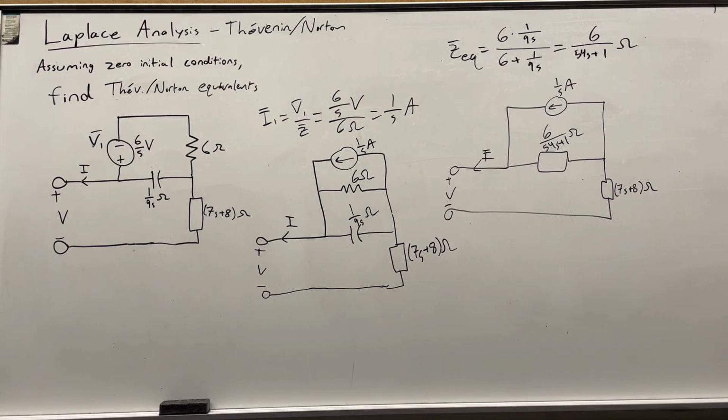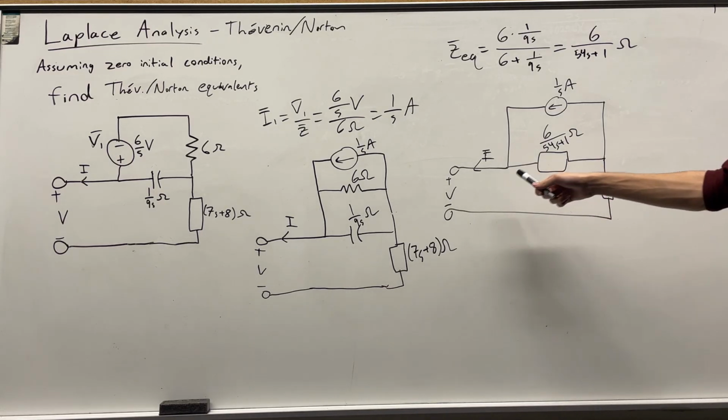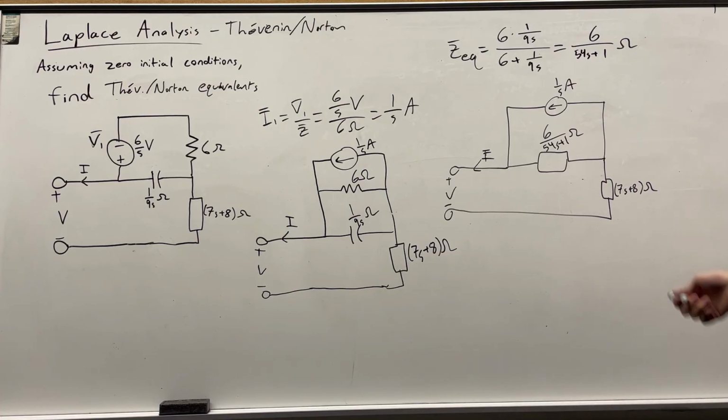Okay, so now we can't combine any more impedances, so we need to do another source transformation. Because this current source is in parallel with this impedance, we can turn it into a voltage source that will be in series with this impedance, and then therefore the entire circuit will be in series, and then we can add up these two impedances, and that will be the Thévenin impedance.